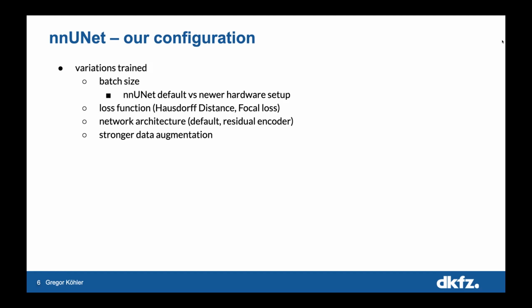Since nnU-Net was released a few years ago, the target memory is not up to date with current hardware. So in version 2 of nnU-Net, one can also set the target memory size higher. That's what we did, which leads to, among others, a larger batch size.